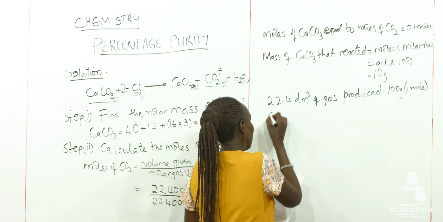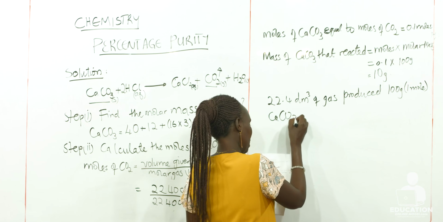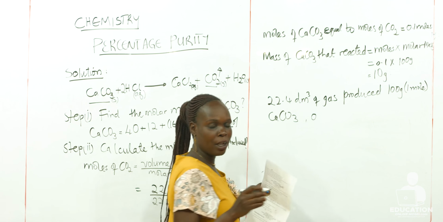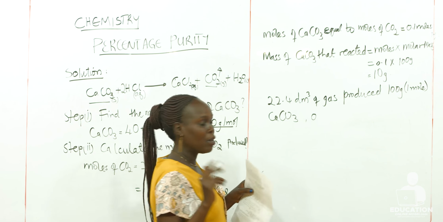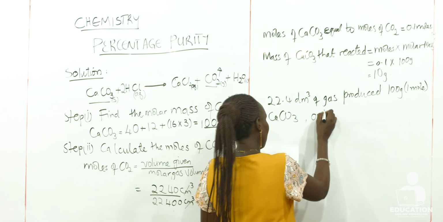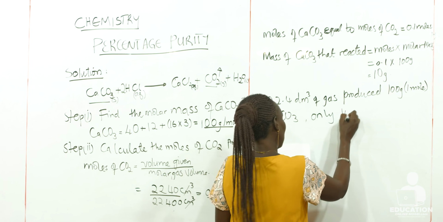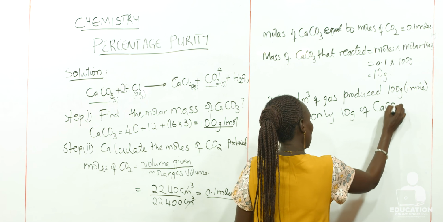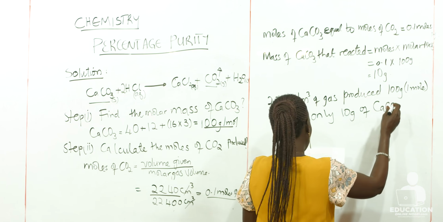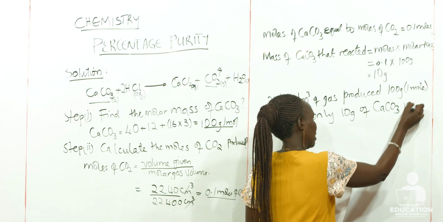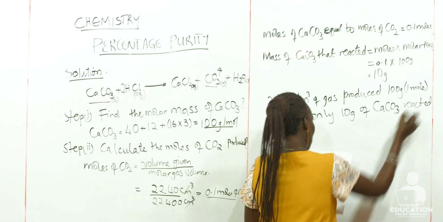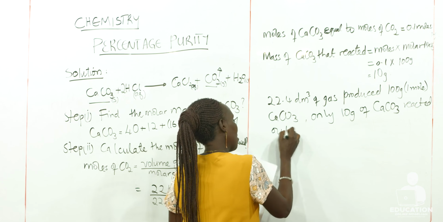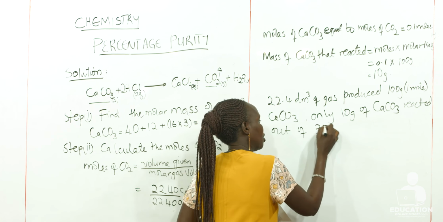From this 100 grams we have only 10 grams of calcium carbonate. 10 grams of calcium carbonate reacted in this reaction, out of 30 grams.